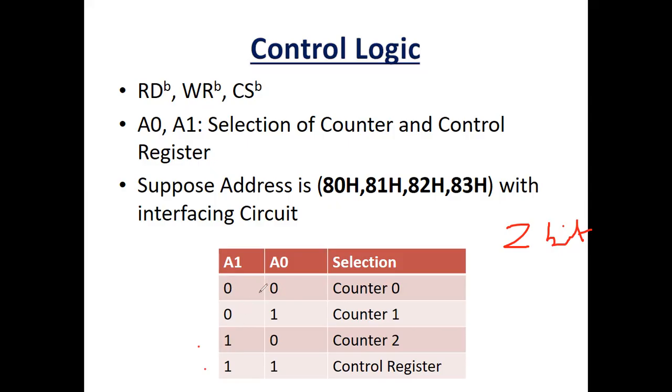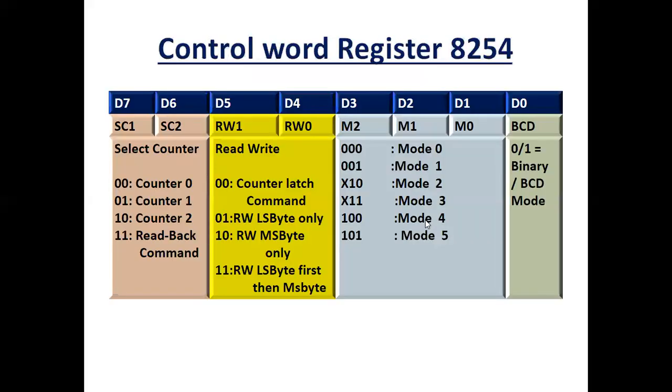If both inputs are 00, then counter 0 will be selected. If 01, then counter 1 is selected. If 10, then counter 2 is selected. And if the value of A0 and A1 is 11, then the control word will be selected. Now, next, we will see how this control word will be formed.